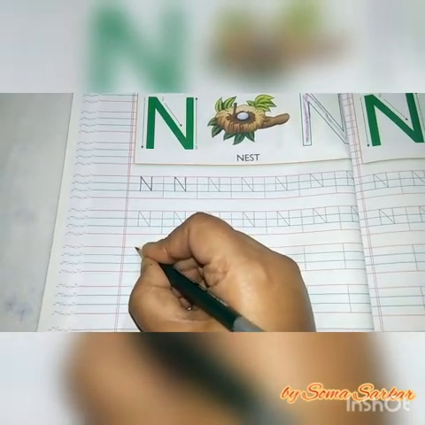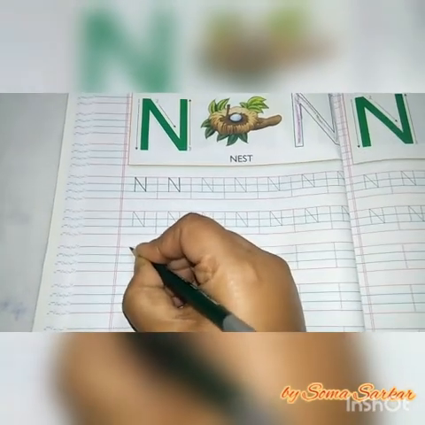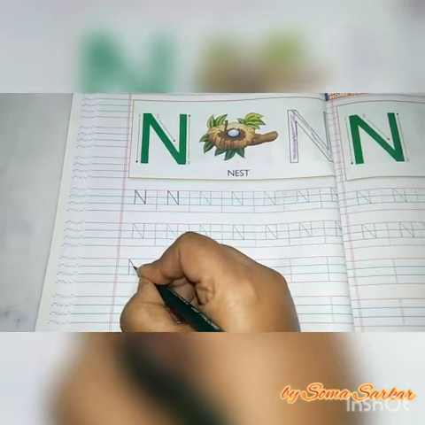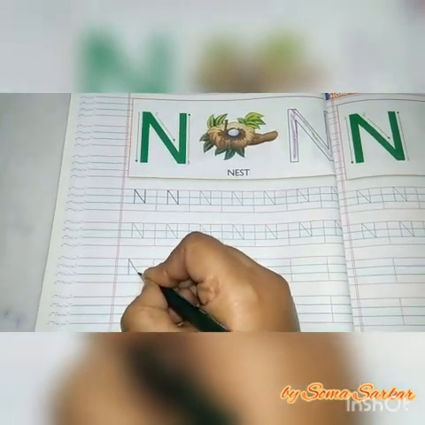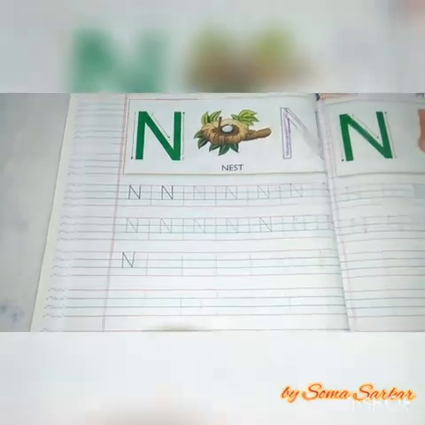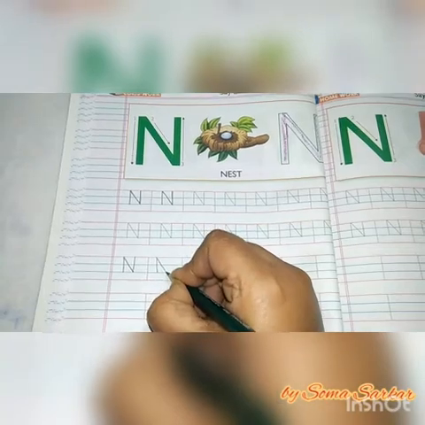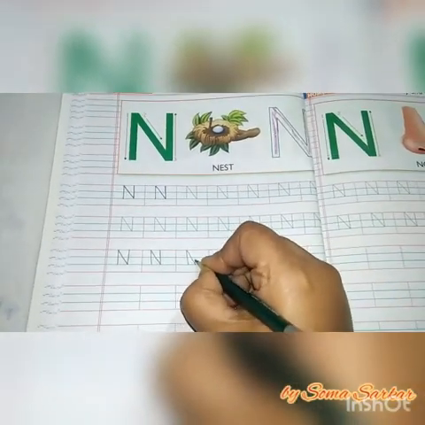Start from this top line and always use first 3 lines only. Don't touch the last line. Okay? Standing line, go on top, draw a slanting line. Again from this point, go up straight. This is capital letter N. This way you have to complete the full page. This is your classwork. Page number 48.